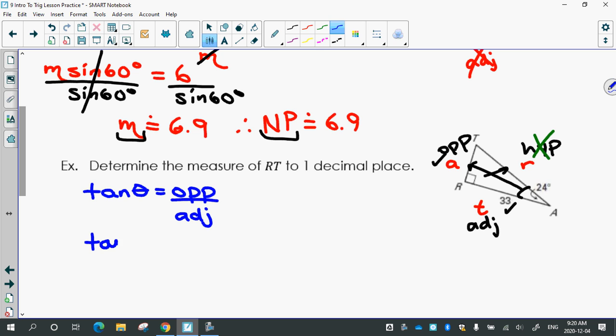So the tangent of 24 degrees is opposite, which is little a, over adjacent, which is 33. That's an easy one because a is on the top. So just multiply both sides by 33.